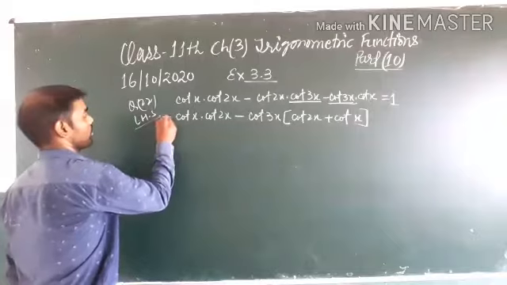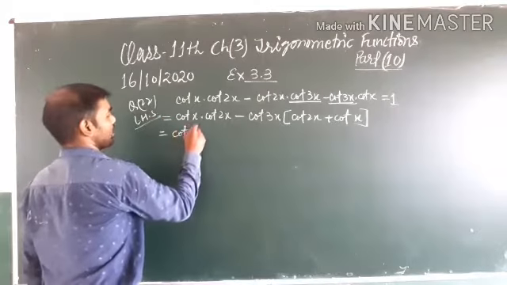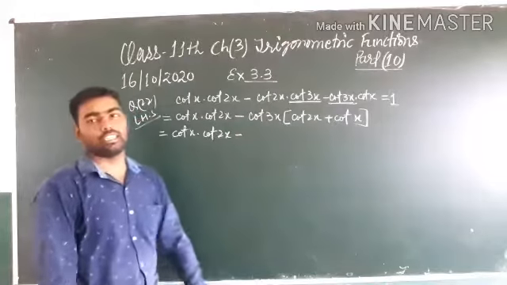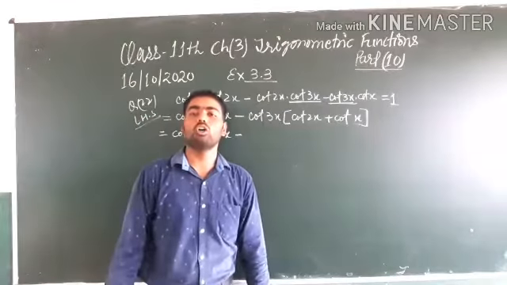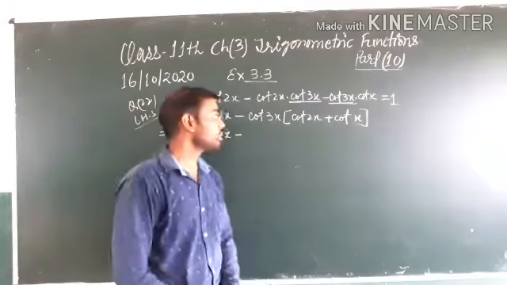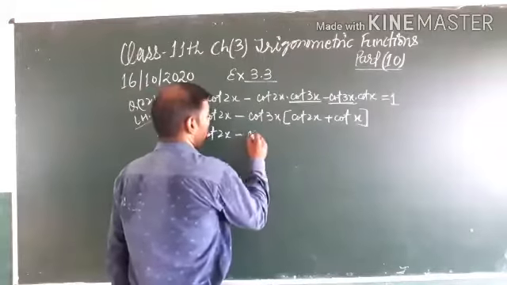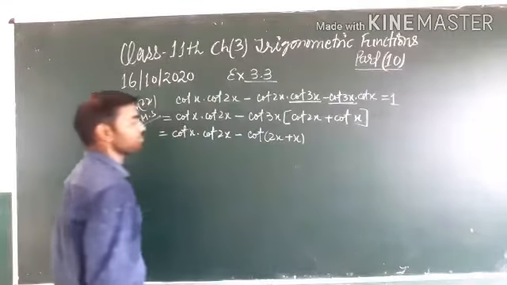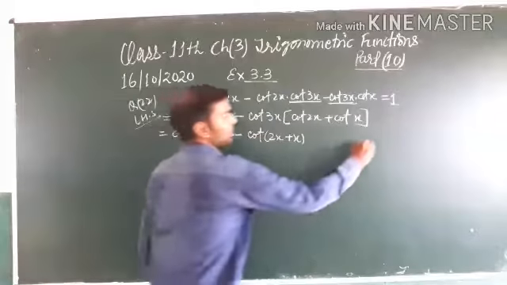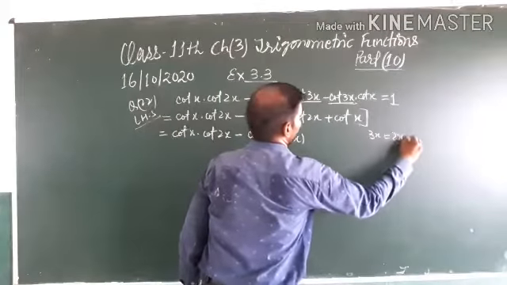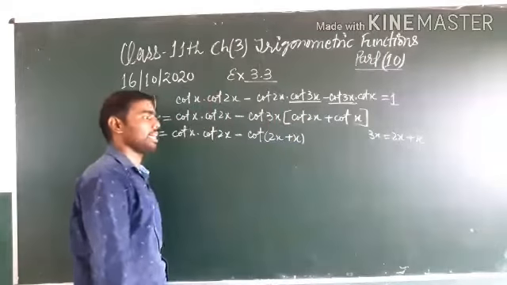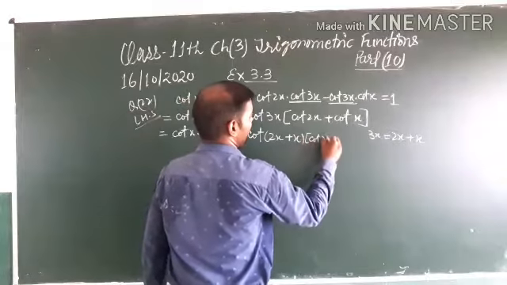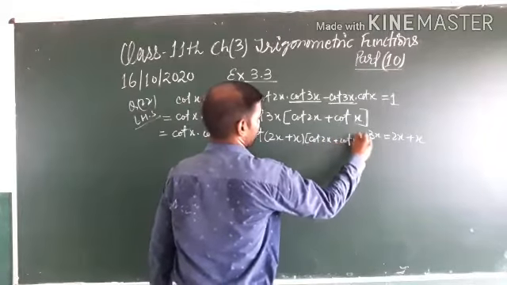Now cot 3x can be written as cot (2x plus x), because the sum of 2x and x is equal to 3x, into (cot 2x plus cot x).